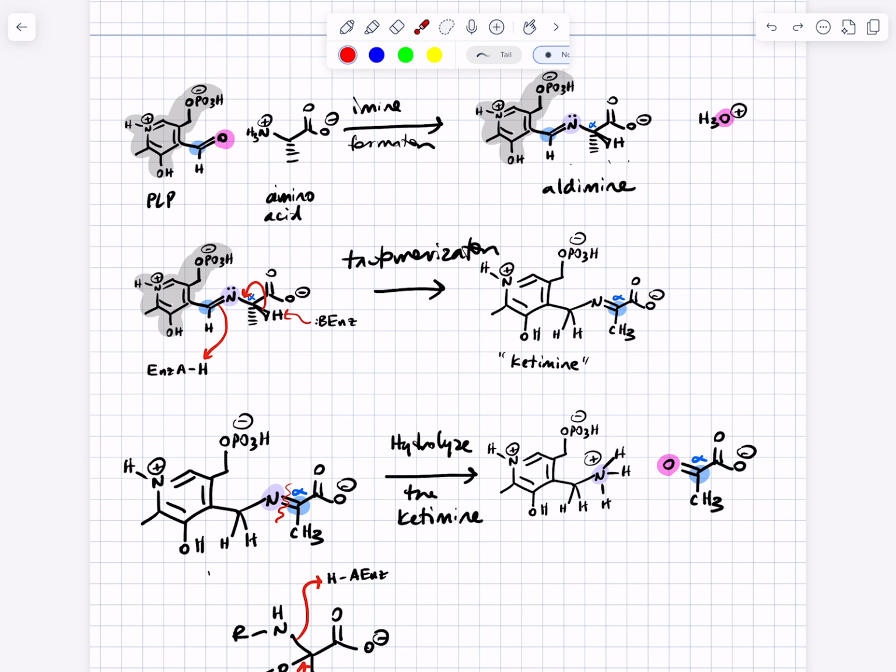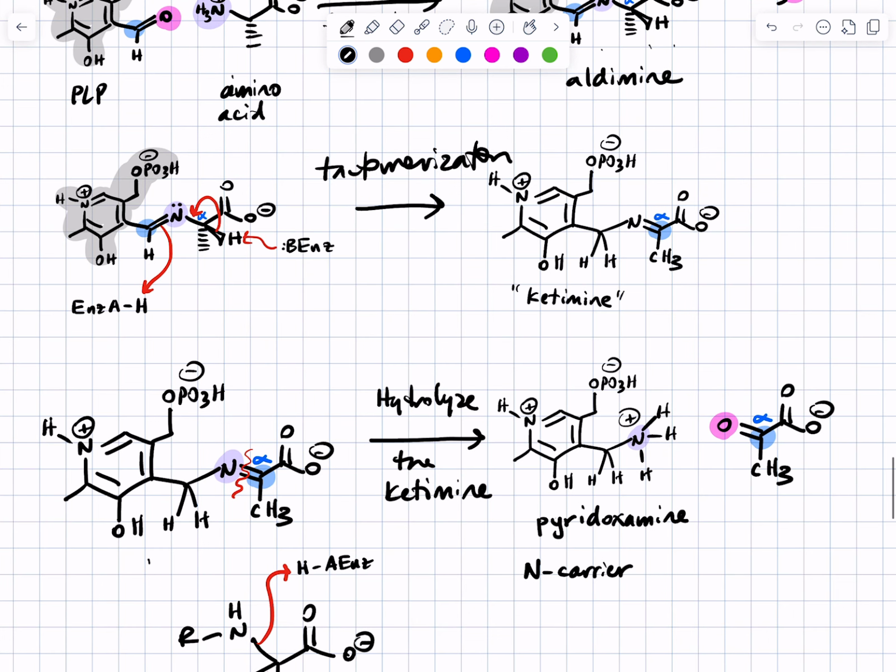And that's why this is called an aminotransferase reaction, because the amino group, which used to be here on the amino acid, is now here, not on the amino acid. So the product is no longer PLP, it's called pyridoxamine. It's the amine version of PLP, and this is a nitrogen carrier.